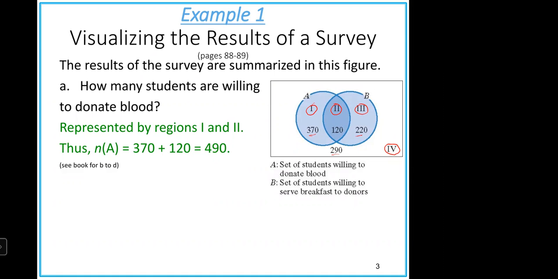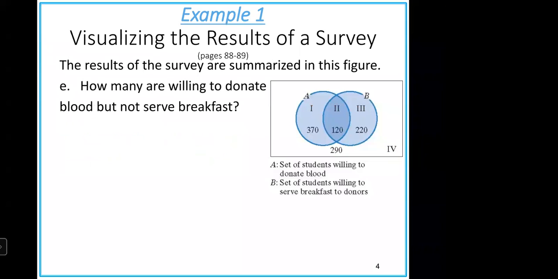Okay, so thank you, Ms. Pratt. Now that was D, so let's go to E. E asks how many are willing to donate blood but not serve breakfast. Miss Fernanda, you back with us?